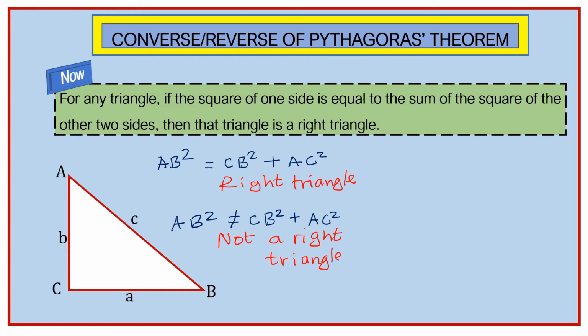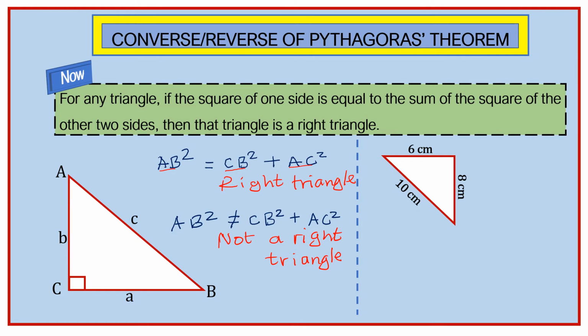It is not a right triangle because AB squared is not equal to CB squared plus AC squared. So it means that if AB squared is equal to CB squared plus AC squared, then this triangle is a right triangle. For example, look at this triangle.